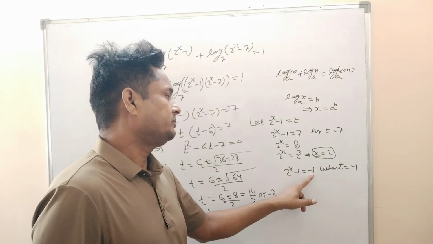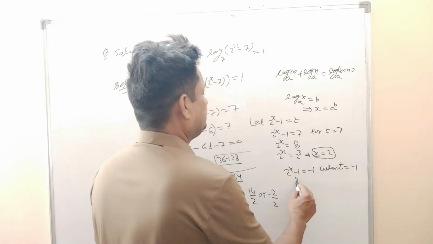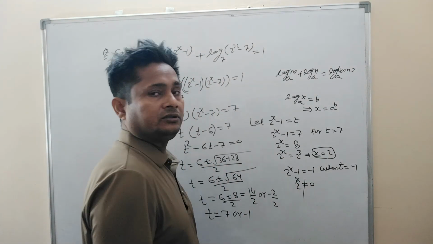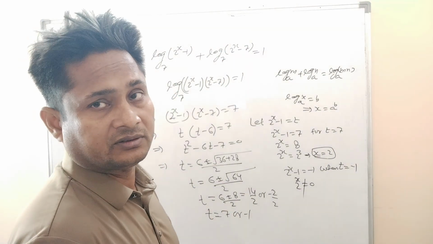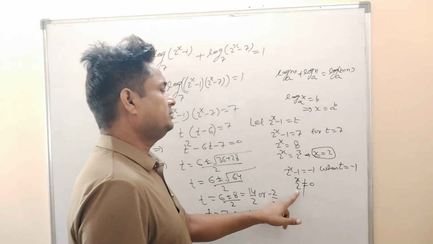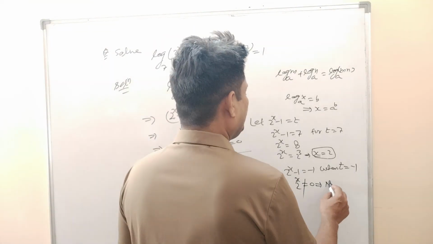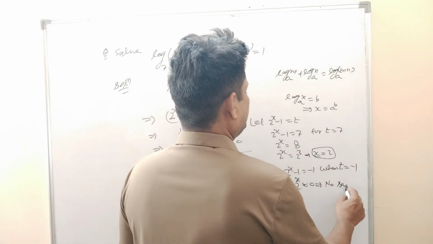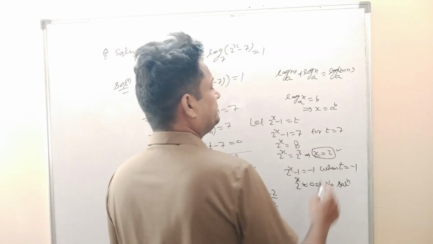For t is equal to minus 1, the solution is coming 2 to the power x is equal to 0, and 2 to the power x cannot be 0. So from here, no solution.